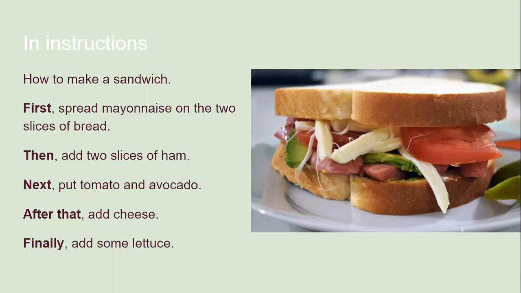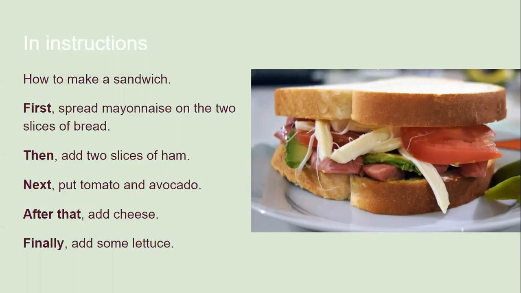Okay. When we want to talk about imperatives, we have to use verbs at the beginning. And in this occasion, we use verbs to talk about instructions. And at the same time, we use sequencers to complement these instructions in order.